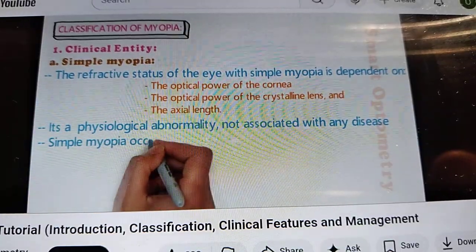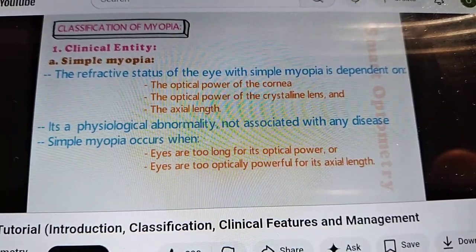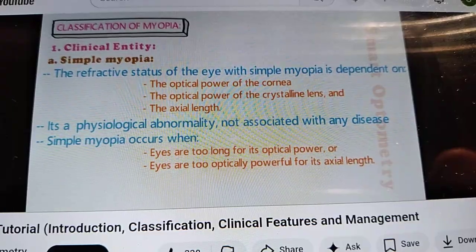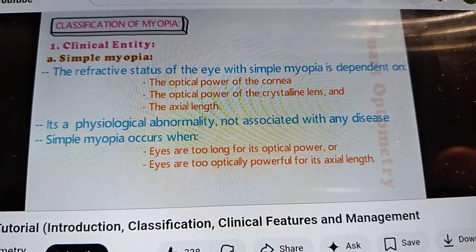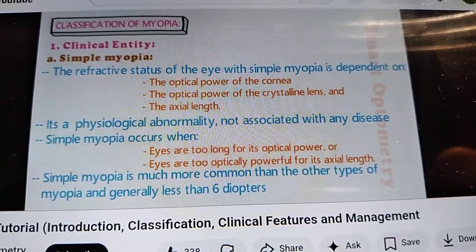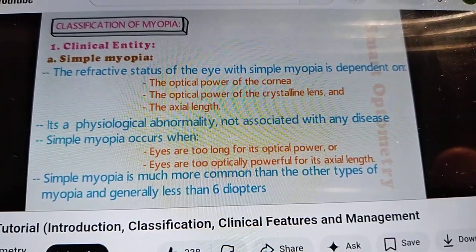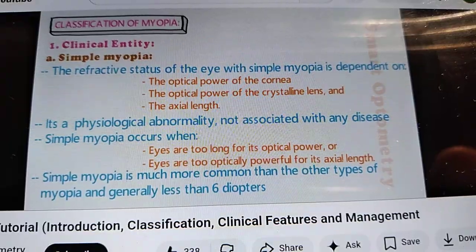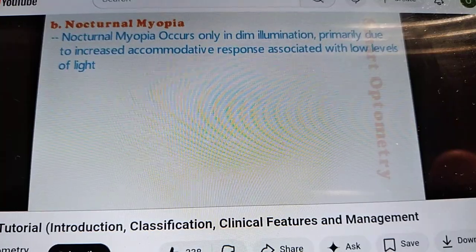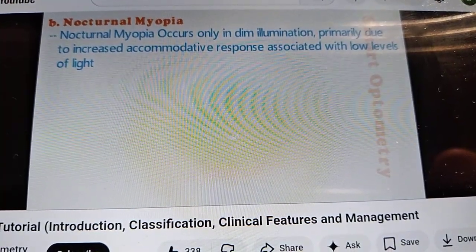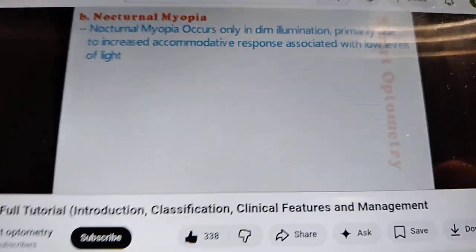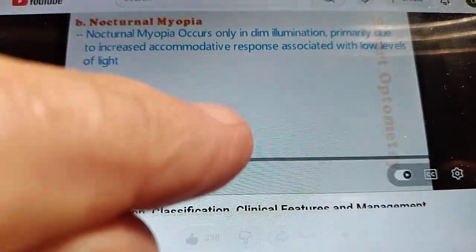Simple myopia occurs when eyes are too long for its optical power or eyes are too optically powerful for its axial length. Simple myopia is much more common than other types of myopia and generally less than 6 diopter. B. Nocturnal myopia. Nocturnal myopia occurs only in dim illumination, primarily due to increased accommodative response associated with low levels of light.